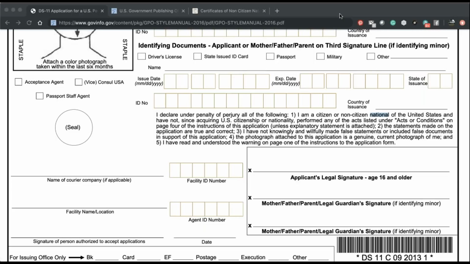The perception was, if you fill out the application and follow it according to what some other people are instructing, and you don't check off U.S. citizen and you put the other verbiage there, that oath actually says non-U.S. national, whatever. But the perception is that, okay, I'm good.